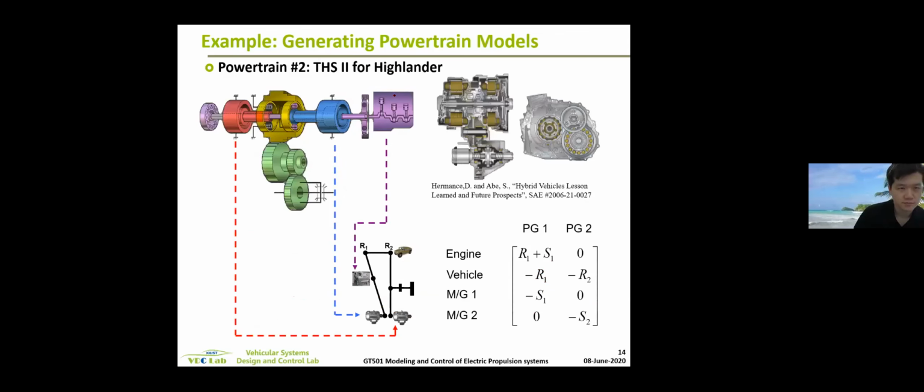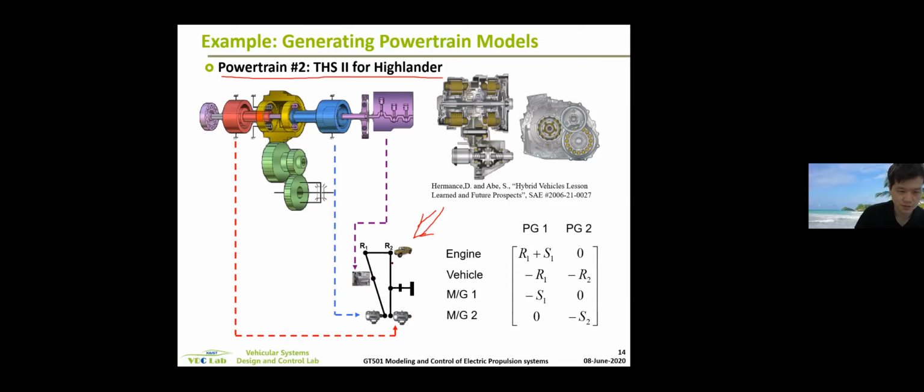How about Toyota hybrid system THS2? The one with speed reduction gear, which had 2 PG. So the lever representation looks like this. Then we have 2 PG.